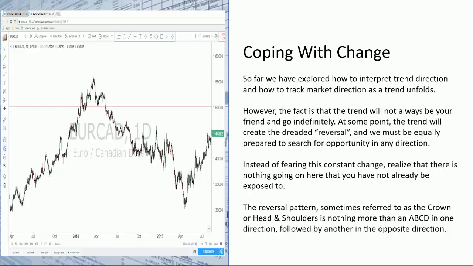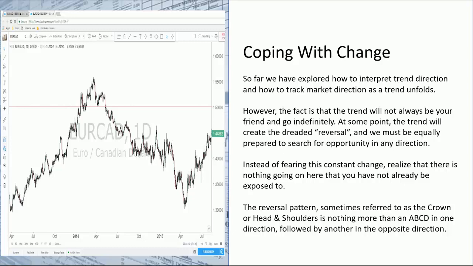So let's go about talking about these different types of reversal patterns. Sometimes they've been referred to as crown patterns. Other traders will call it head and shoulders. But in any case, I don't want you to feel nervous about this. If you've been with me so far watching these other videos, then you've already explored the Fibonacci phenomenon, the Fibonacci sequence that seems to govern these markets as well as almost everything else in nature, right?